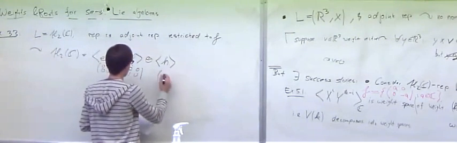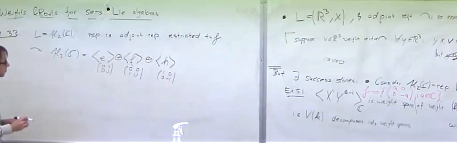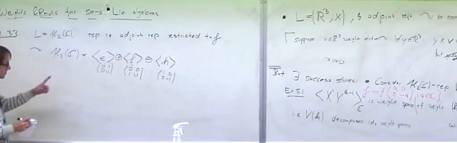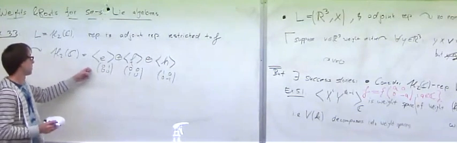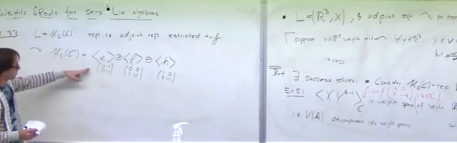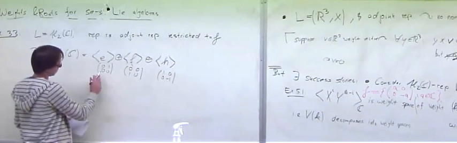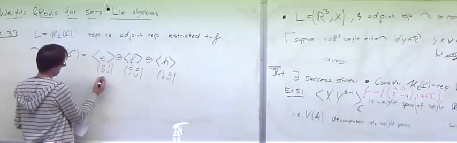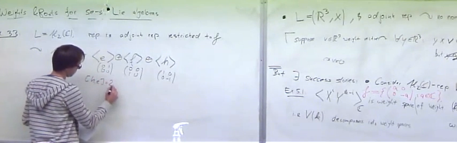This element H was 1, 0, 0, minus 1. And we computed a lot, so we already know the weights. Here, bracket of H and E was 2E.